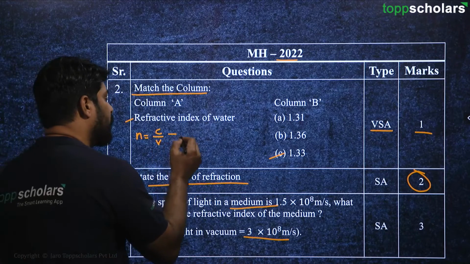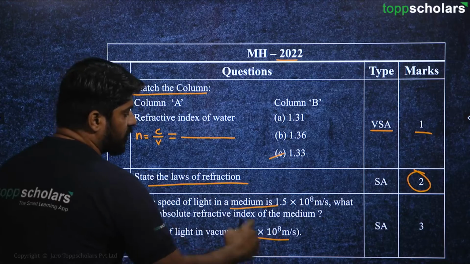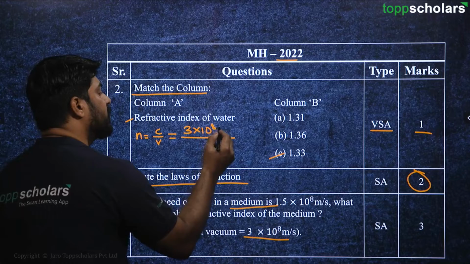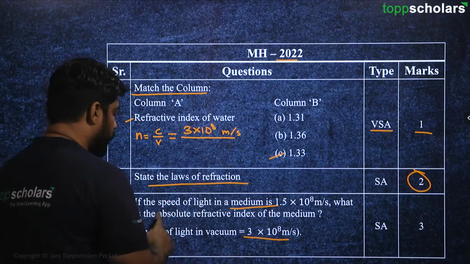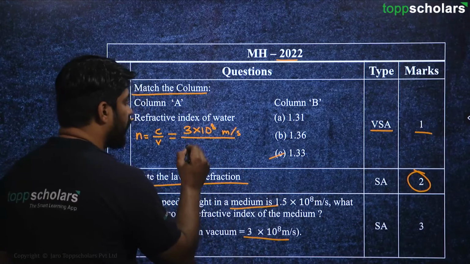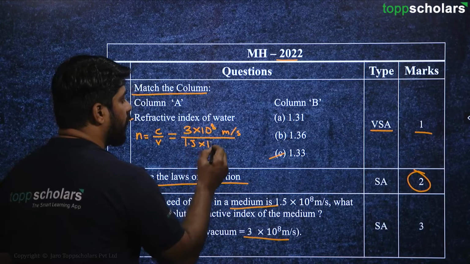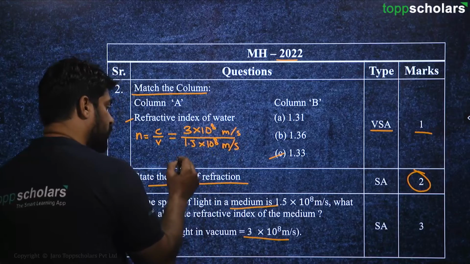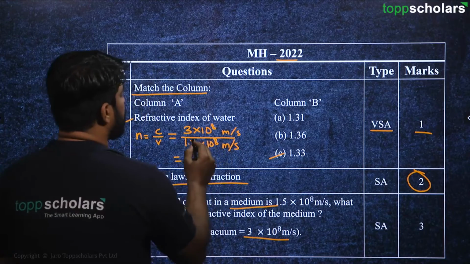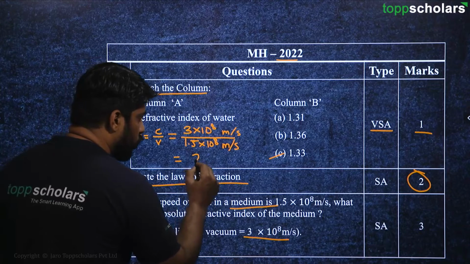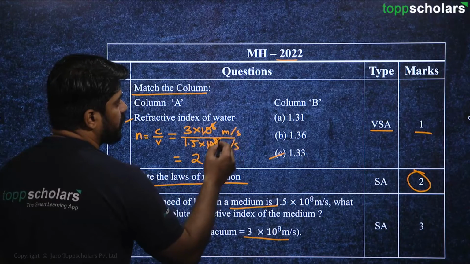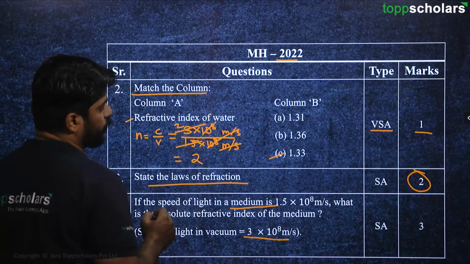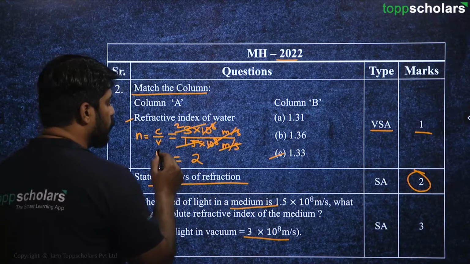So, we can put the numbers, right? The numbers are given. This is the speed in vacuum, 3 into 10 to the power 8 meter per second. And here in the medium it is 1.5 into 10 to the power 8 meter per second. So, if we just divide this, then you get 2, right? 10 to the power 8 and meter per second, all of this will be gone, and when you divide this, you get 2. So, the answer is 2, right?